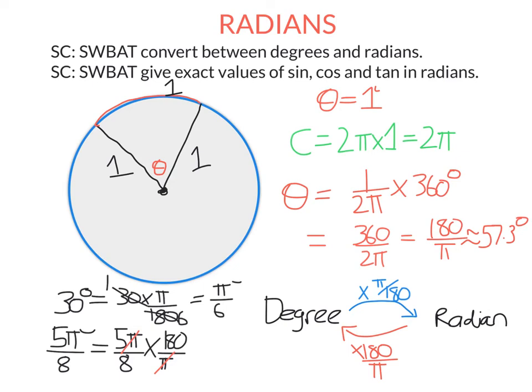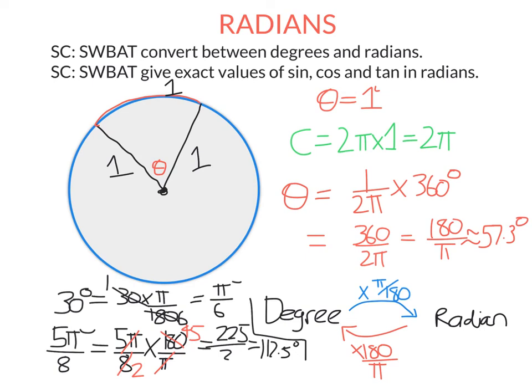And then to make it easy on myself, I can look at the 8 and 180, they both have a common factor of 4. 4 goes into 8 twice. It goes into 180 45 times. So we get 5 times 45 is 225 over 2. 5 pi over 8 is 112.5 degrees. So that's how you convert between radians and degrees.